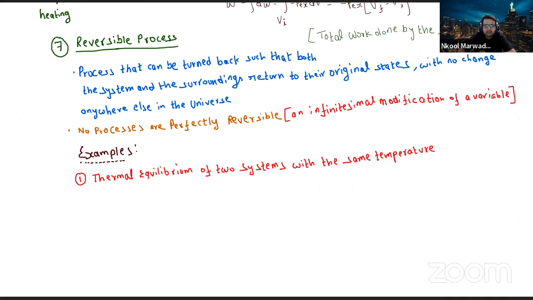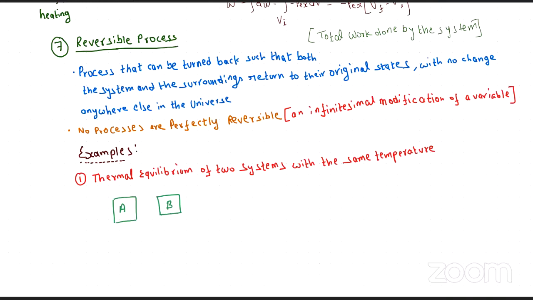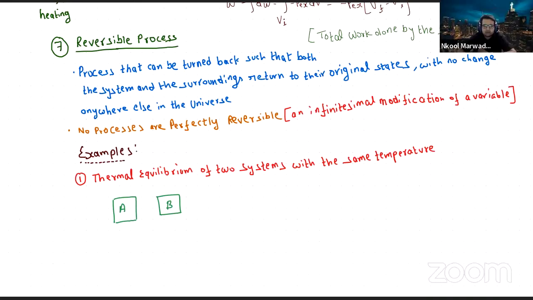Let us suppose I have a system A and a system B. We know that heat energy always flows from high temperature to low temperature. So let us suppose system A has a temperature TA and system B has a temperature TB.